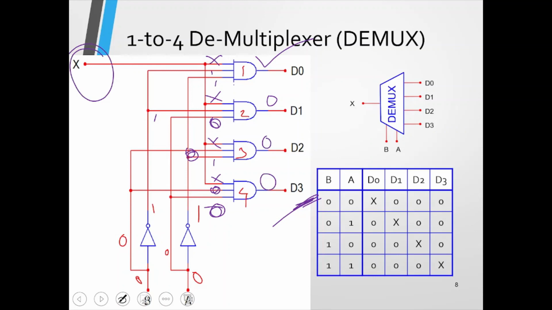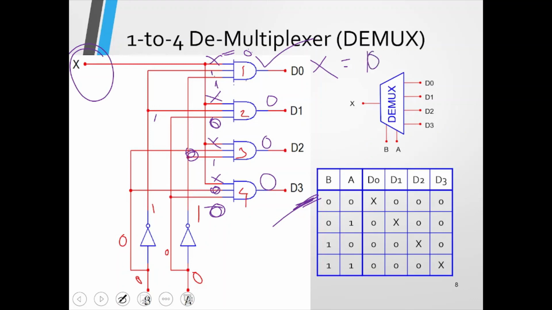So only AND gate number 1 is enabled, and at the output of AND gate 1 you will get X. How? Because its two inputs are already 1, right? Now if you apply X equal to 0, then 0 1 1, the output is going to be 1. Sorry, it is not 1, it is 0.